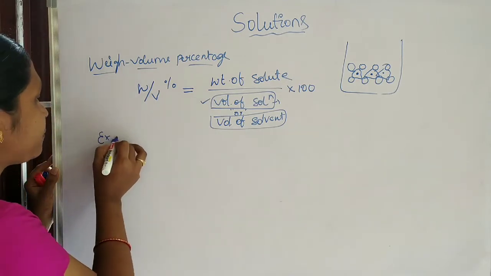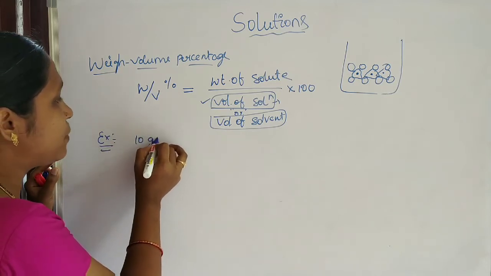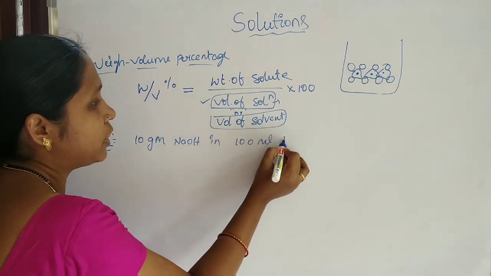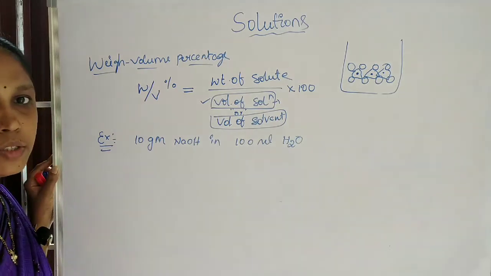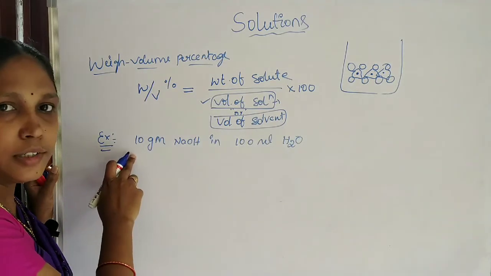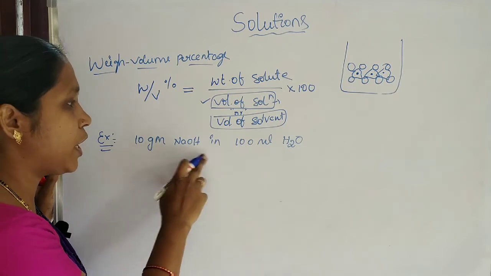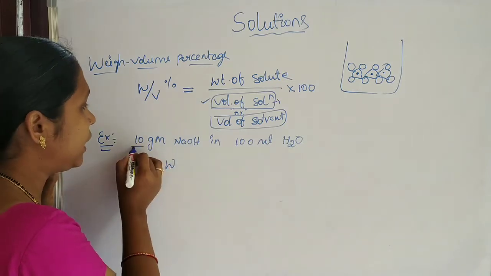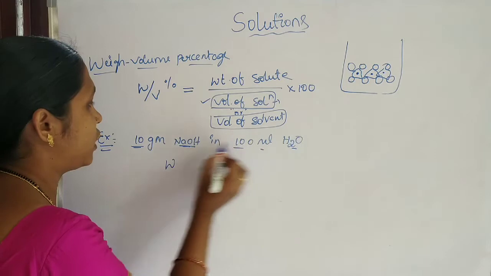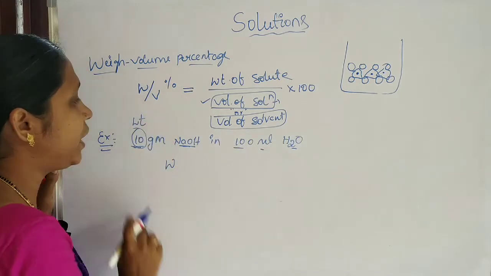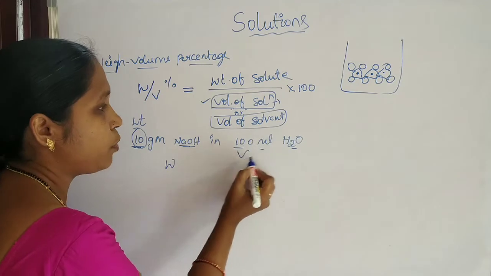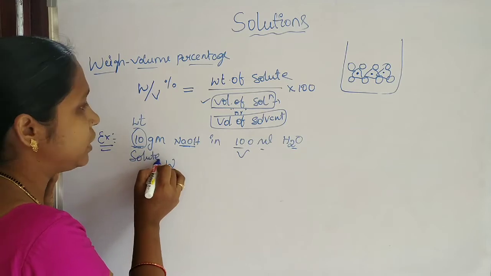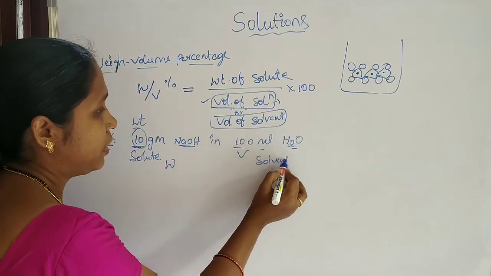Take an example. Calculate the concentration of 10 grams of NaOH in 100 ml of water. Here the weight of NaOH and the volume of water are given. NaOH is the solute and water is the solvent.